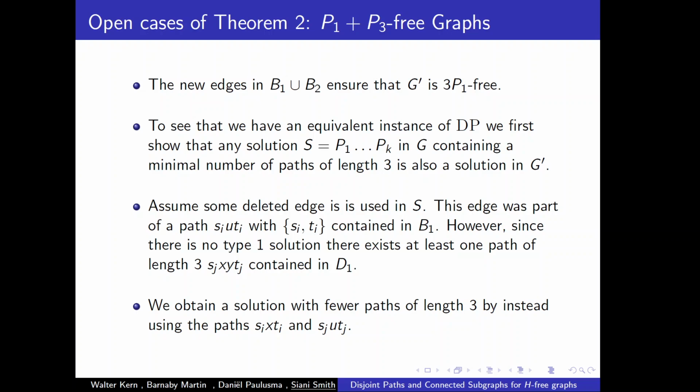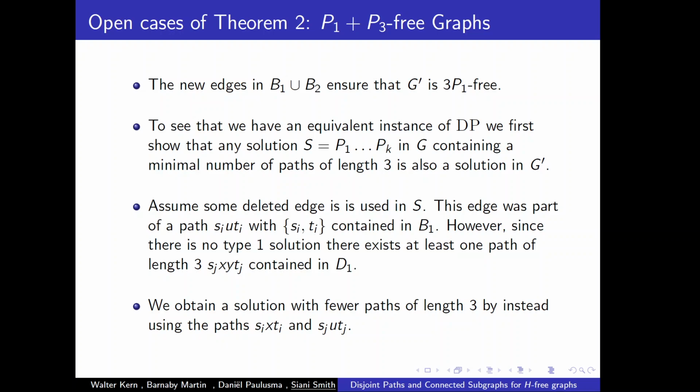If this isn't a solution in G prime, it must be that we've deleted some edges which are contained in one of our solution paths. If this is the case, this edge must be part of some path Si U Ti, where SiTi is contained in B1. But we know, because we've already said there is no solution of type 1, that there exists some path of length 3, say Sj X Y Tj, contained in D1.